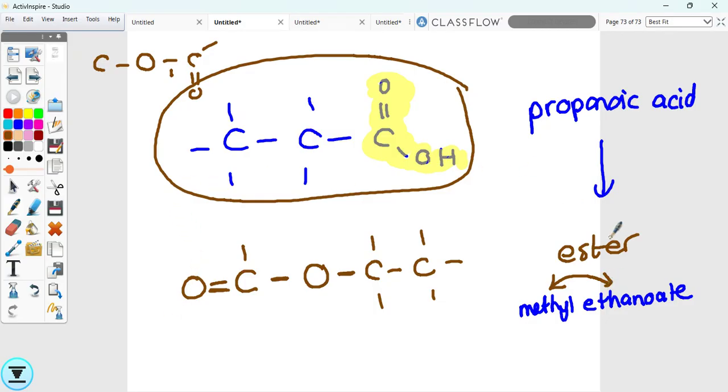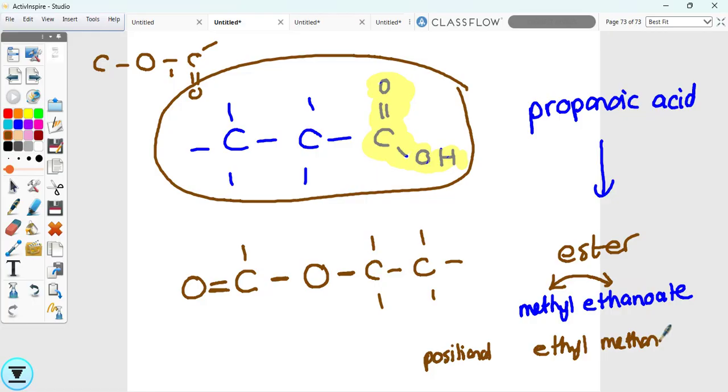So when they just ask you for the name of a positional isomer for an ester, all you're going to do is move the position. So the easiest way is to just literally swap these around. If you have a positional isomer, it just means the position is going to change. So it's going to become ethyl methanoate.